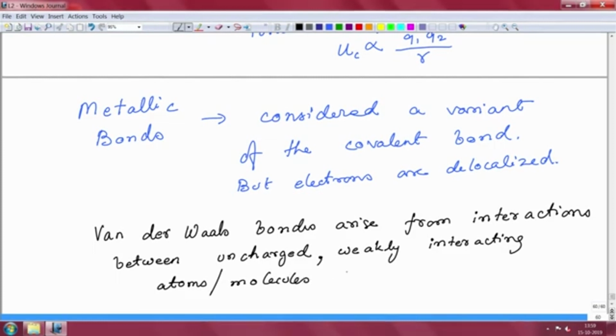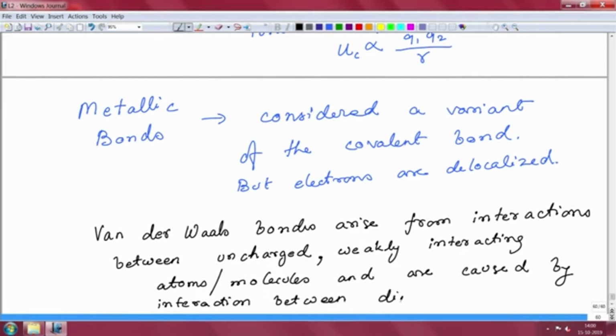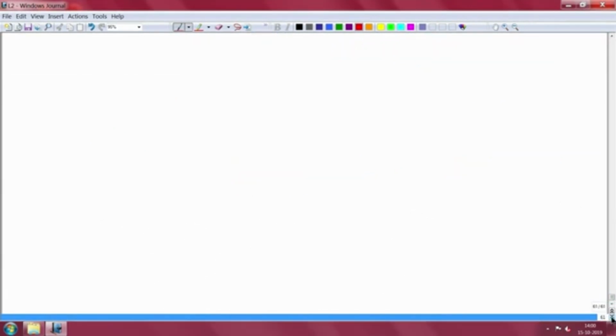And they are caused by attractive forces or interaction forces between dipoles. That is why we specifically said uncharged, because they actually arise due to dipolar interaction.